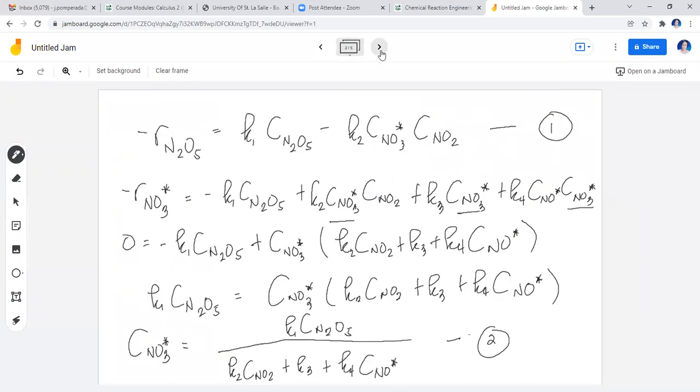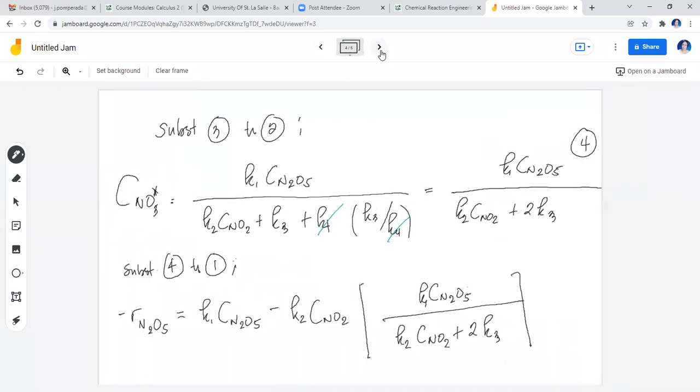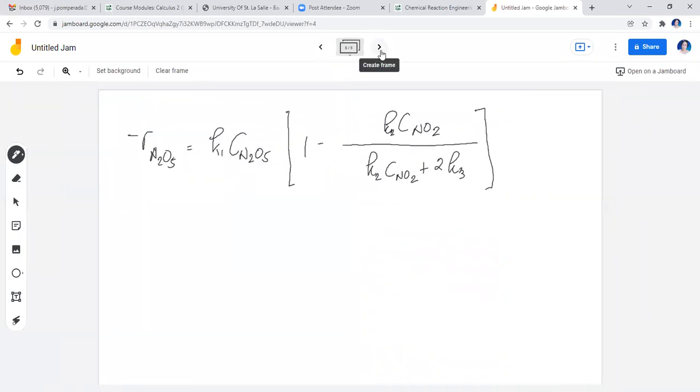Now, if I'm going to ask you, before we make those assumptions based on our reaction mechanism, the only way that we can make this final equation on the right side equal to a simple K1 C N2O5 is that this one should be equal to what? 1, miss? This one? 0. Zero, miss.